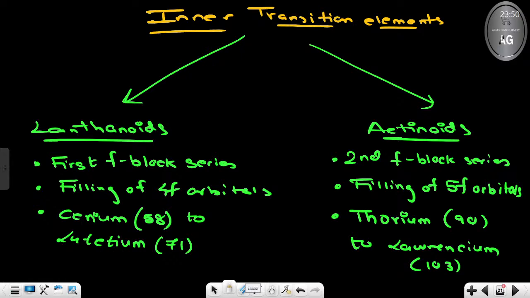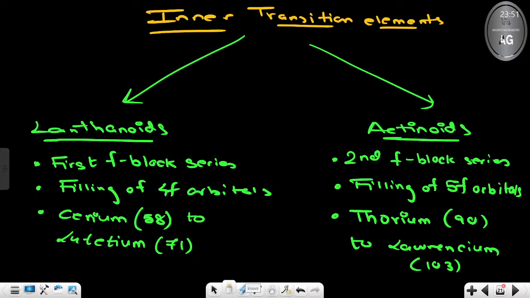Okay. So under F block elements, we will read about two things: lanthanoids and actinoids. Lanthanoids are those elements which follow lanthanum. There are basically two types: one follows lanthanum, one follows actinium. Those following lanthanum are called lanthanoids, and those following actinium are called actinoids.